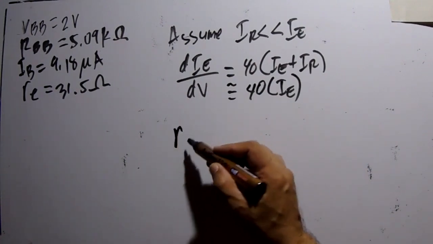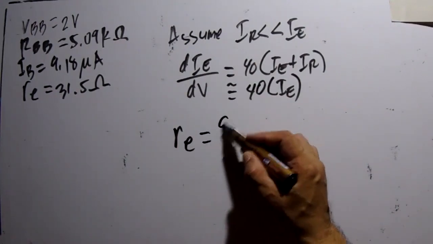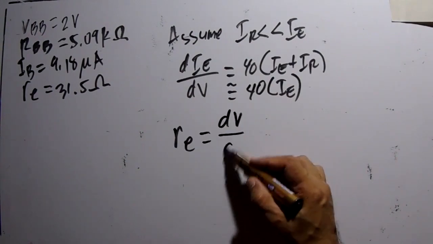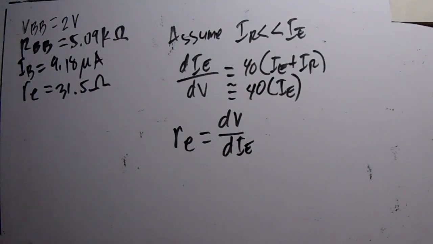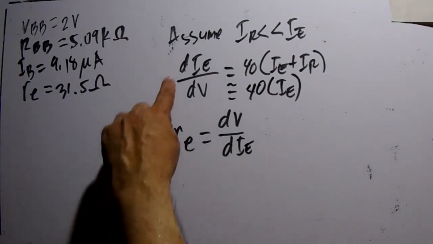So therefore RE is equal to dV over dIE, which is just the reciprocal of this term.